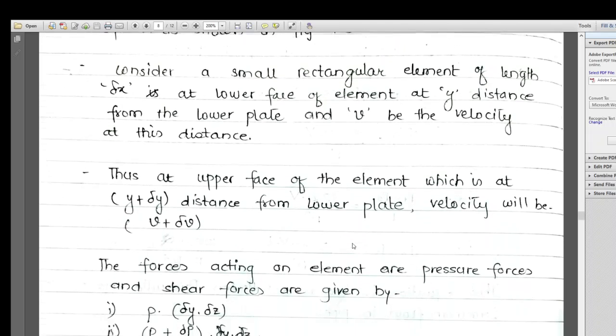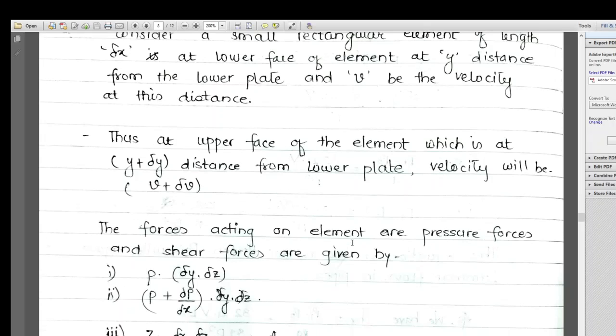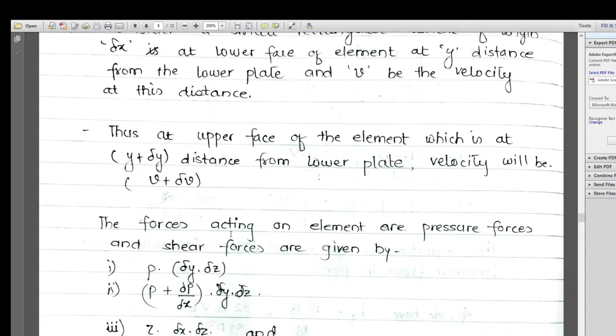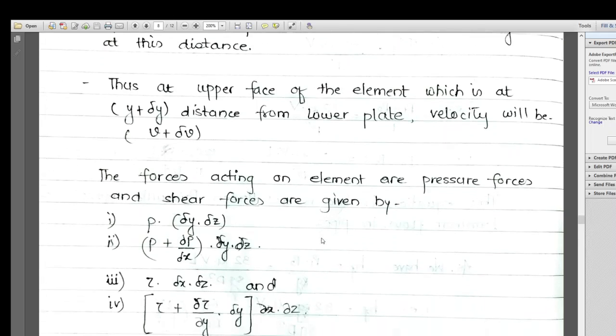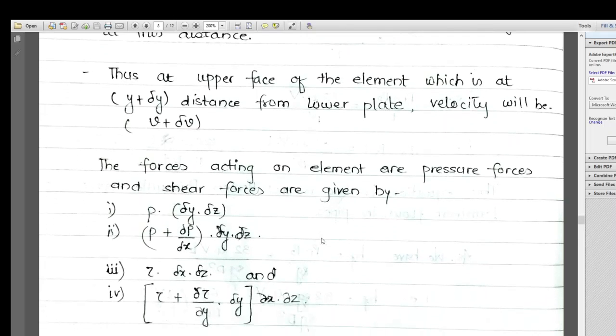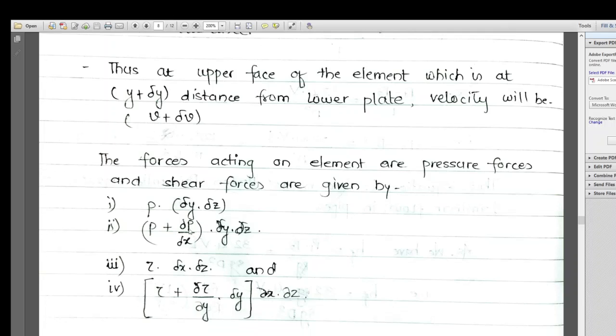Now the forces acting on this element are pressure forces and the shear forces. These forces are given by these expressions: p into delta y into delta z, p plus delta p by delta x into delta y into delta z, tau into delta x into delta z, and tau plus delta tau by delta y into delta y into delta x into delta z.